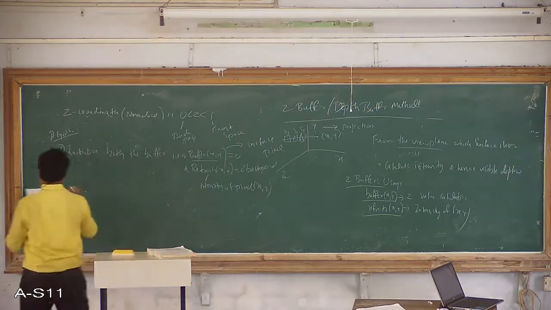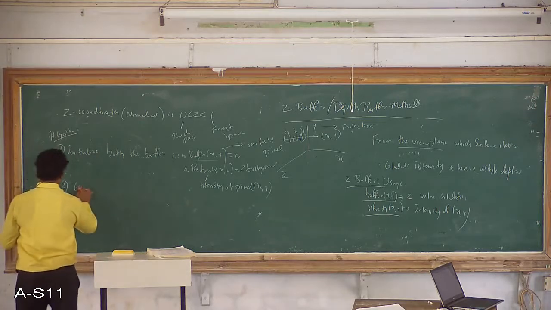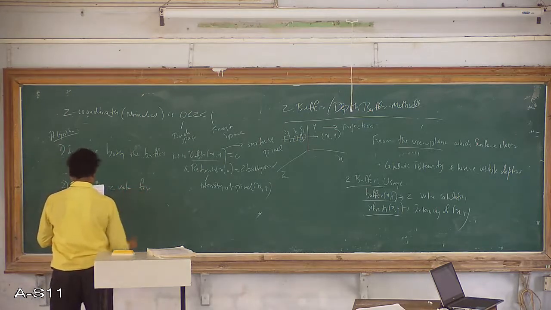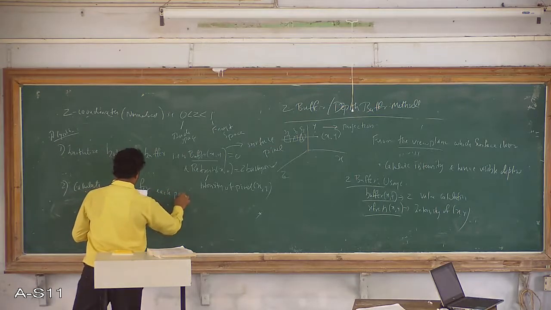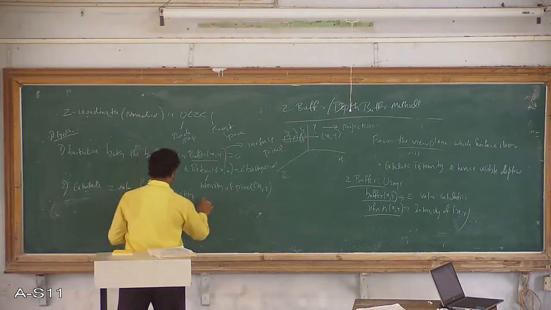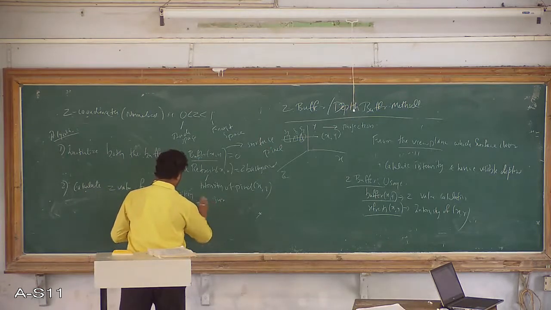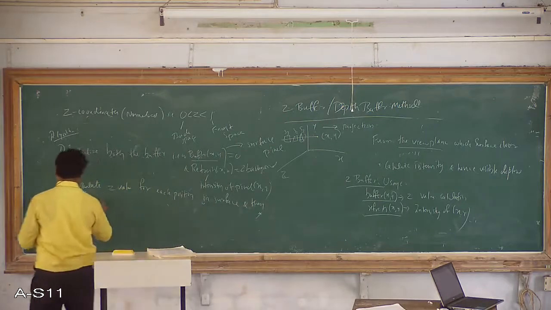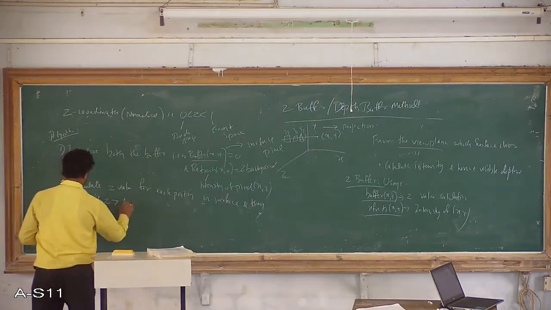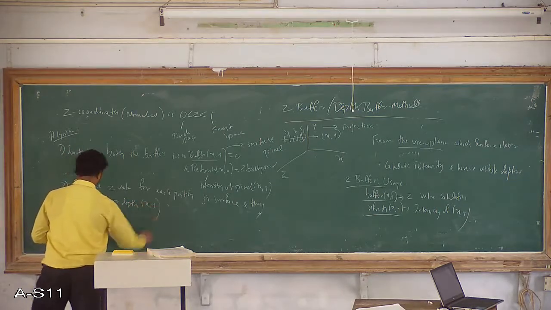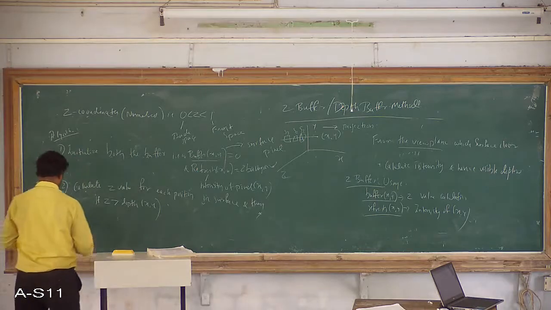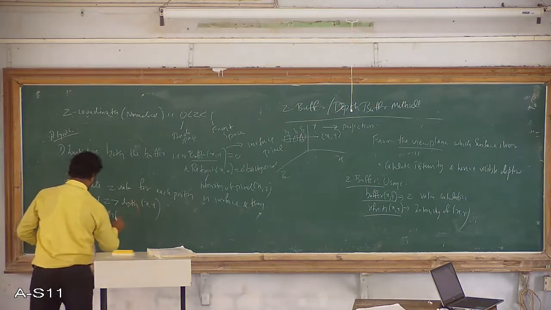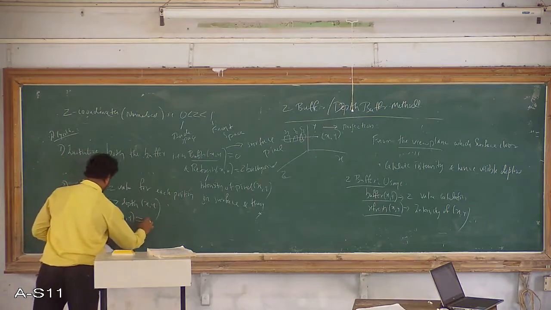Next, after initialization, the second step is to calculate the z value for each position which is on the surface, and then check: if z is greater than the depth of xy, then depth of xy is equal to z.